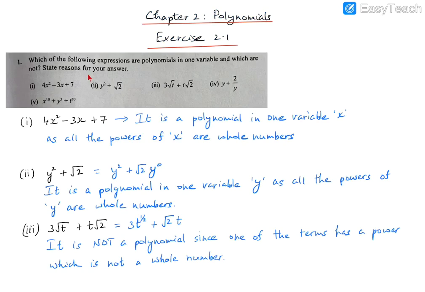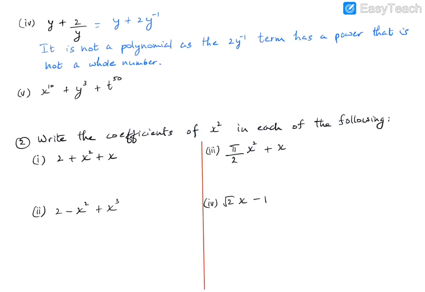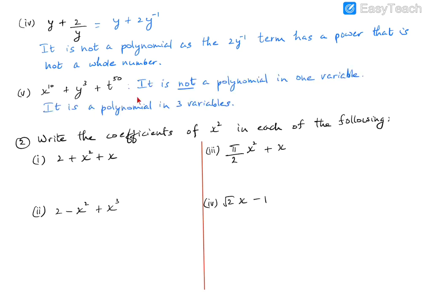If you look at the question, it clearly says which of the expressions are polynomials in one variable. So this one is a polynomial in three variables, but it is not a polynomial in one variable.